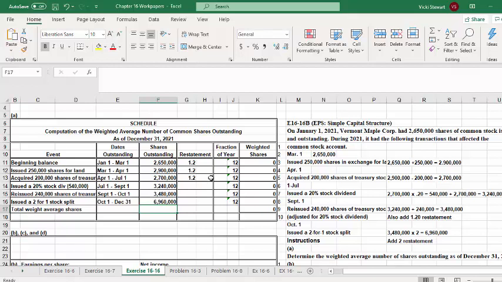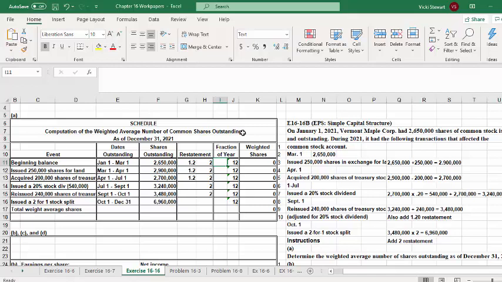But remember, we have to go back for all stock dividends and stock splits and do a restatement. So each one of the issues before the stock split, we would have to multiply those by 2. Now we're going to determine the fraction of the year for each one of these outstanding shares, because that is how you calculate the weighted average number of shares.